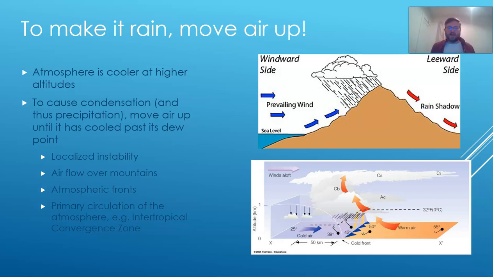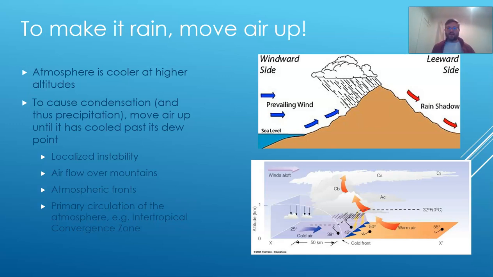And then the last way that we can move air up is something that we'll talk about in more detail in a later lesson, so I'm not going to dwell on it here, but I just want to make note of it, that the primary circulation of the atmosphere, so the very broad scale patterns of how the air moves in our atmosphere. There are some parts of the world, such as the equator, where we have our air moving up, circulating outwards and coming back down elsewhere on the Earth.